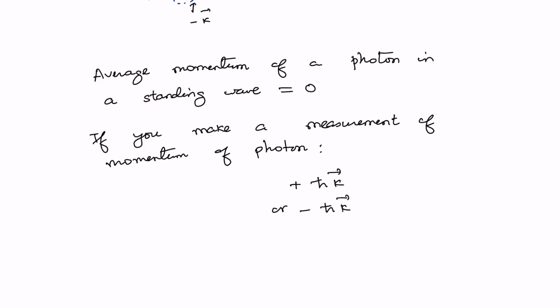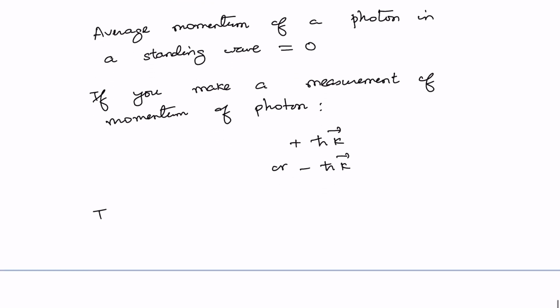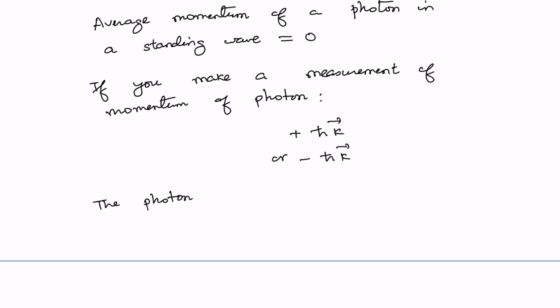This is what it means. However, the photon energy is going to have a definite value in the standing wave. The photon energy is going to have a definite value, and it is h cross omega.